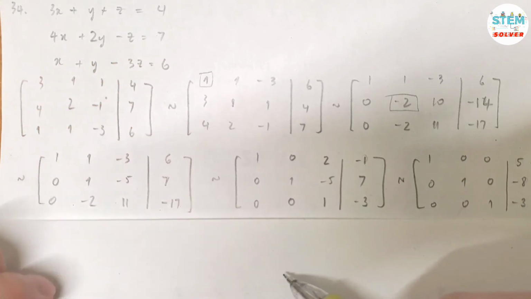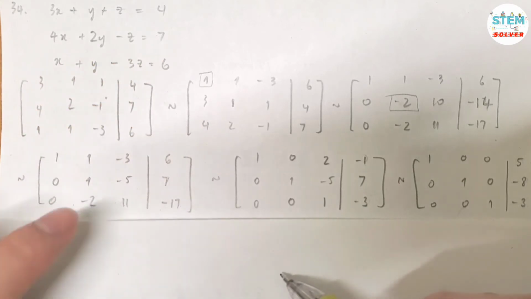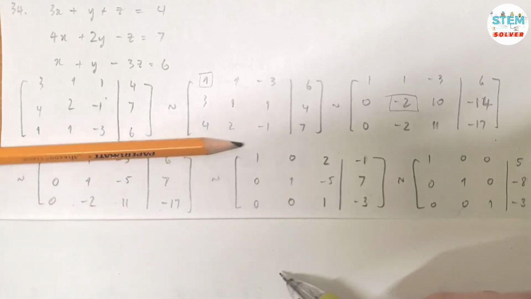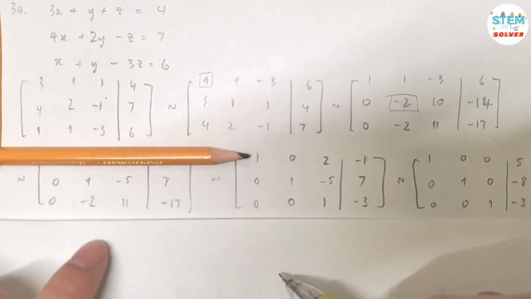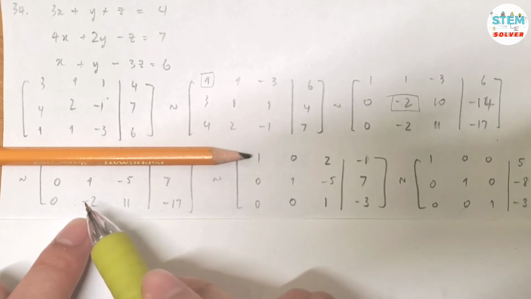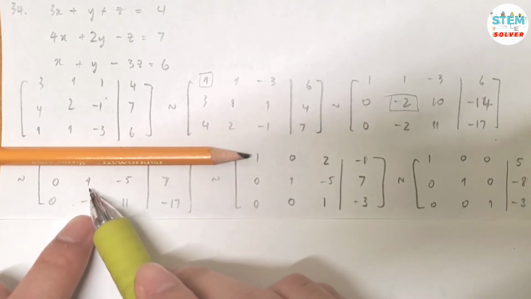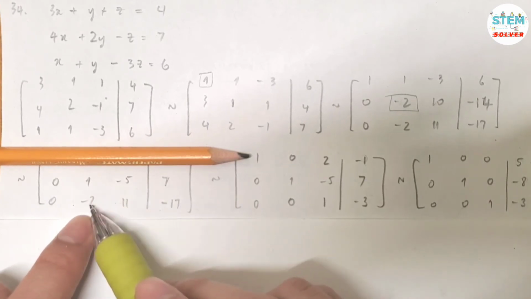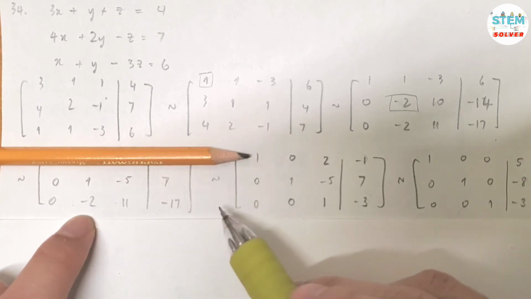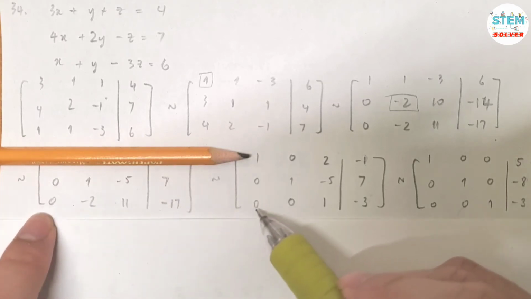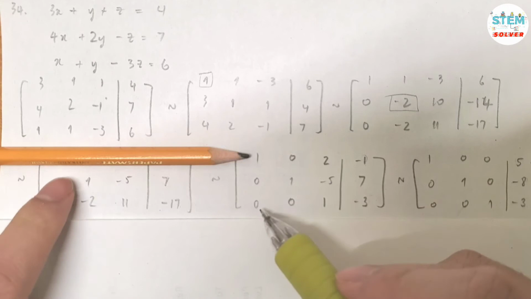in order to get this entry to become 0, let's cover the first row because we're done with it. What we are going to do is multiply the second row by 2 and add it onto the third row. So 0, 0, ignore it, there's nothing.